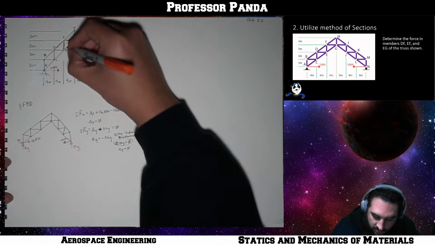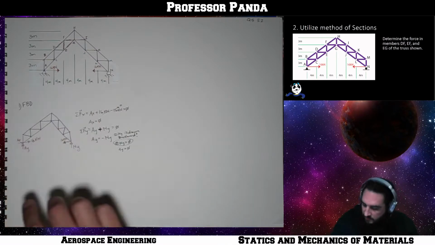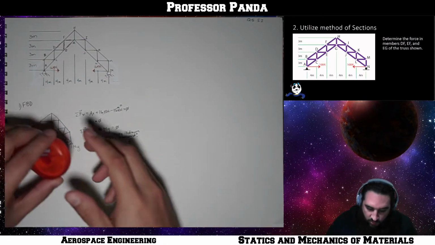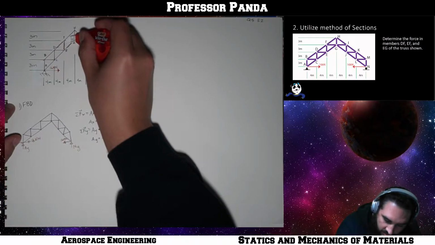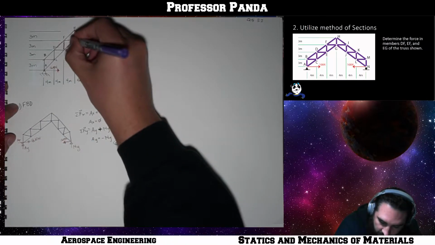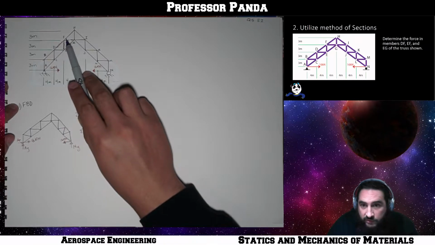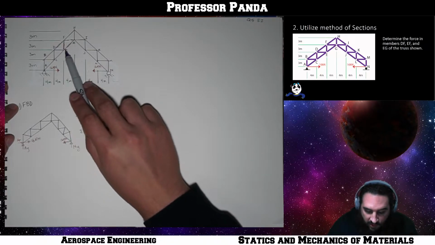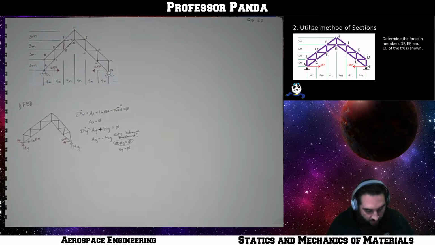Oh, that's wrong, it's this one. We will fix that up with my whiteout and redraw that line back in. DF, EF, EG: those are the three members in question.